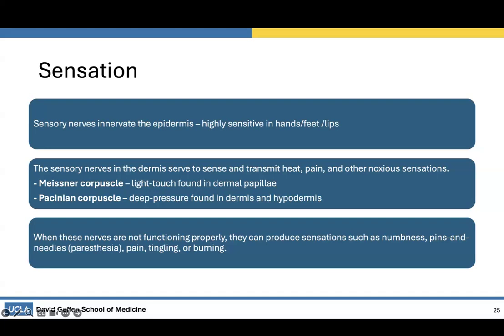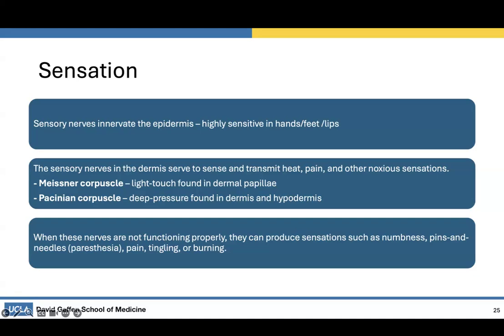The Meissner's corpuscles are elongated receptors found in the palms, fingertips, and soles of the feet. They are the most common in smooth, hairless skin and the best for detecting low-frequency vibrations and pressure. The Pacinian corpuscles are large nerve endings located in the deep dermal layer and the hypodermis.